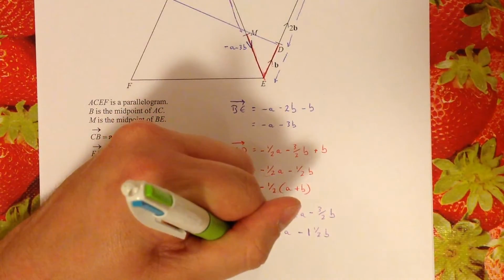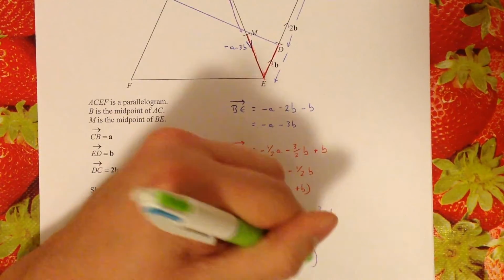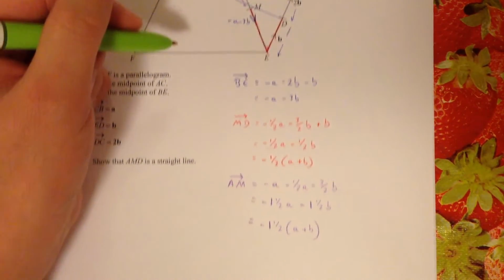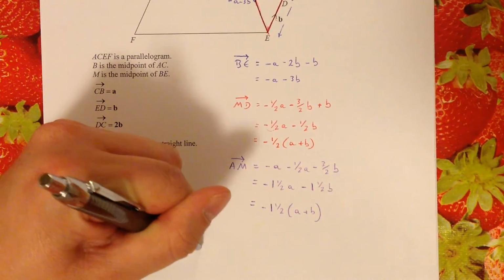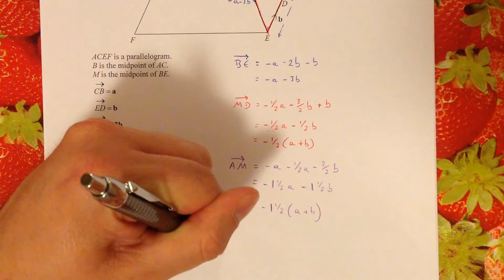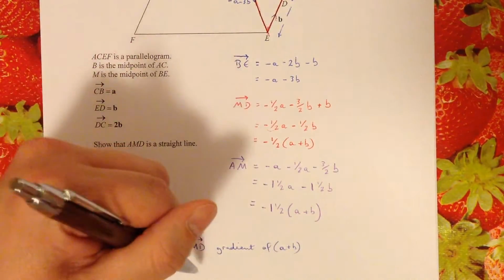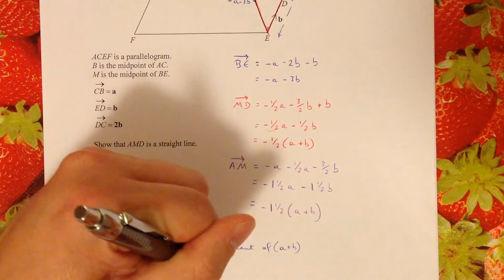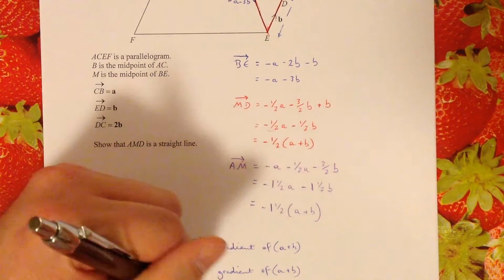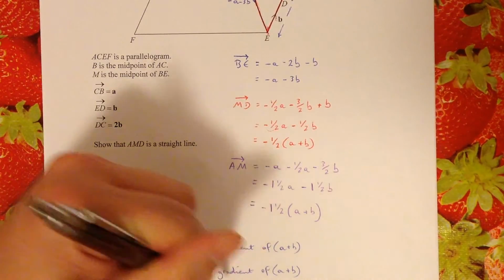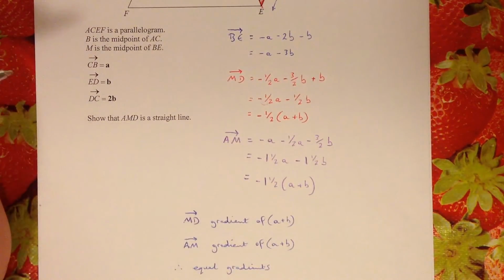So both of them have minus 1.5 in them, and if I pull that out, I'm left with the A and the B, and what we then have as a conclusion is we would say that as vector MD has a gradient of A plus B, and AM has a gradient of A plus B. Therefore, equal gradients mean the line must be straight.